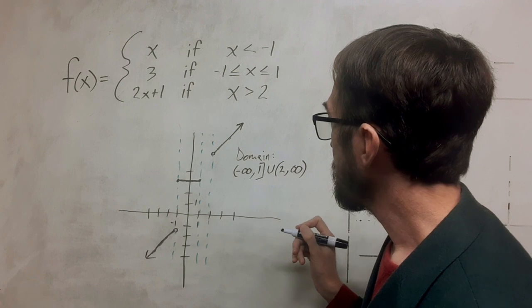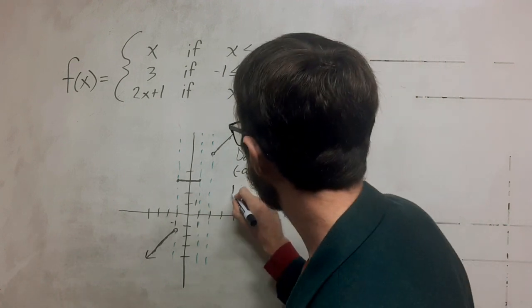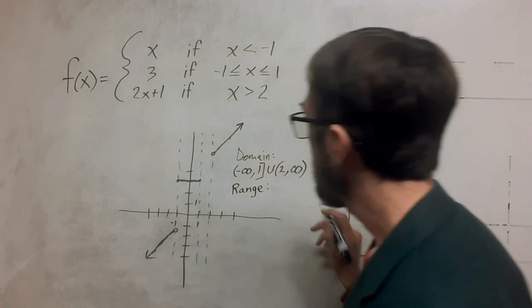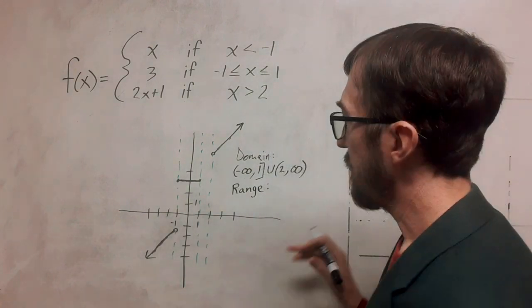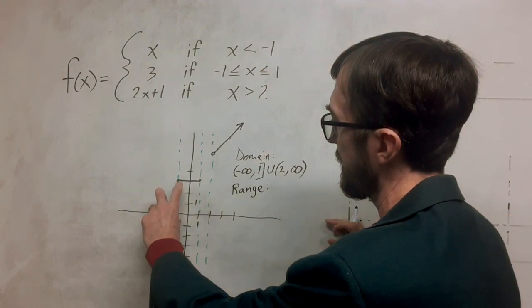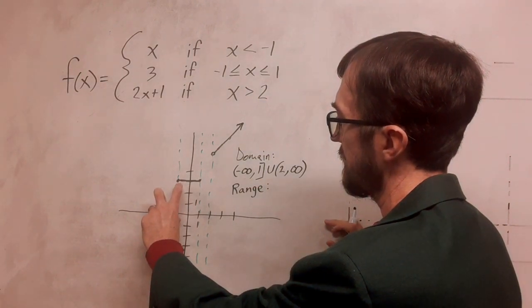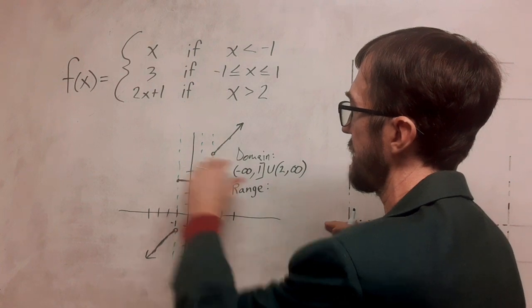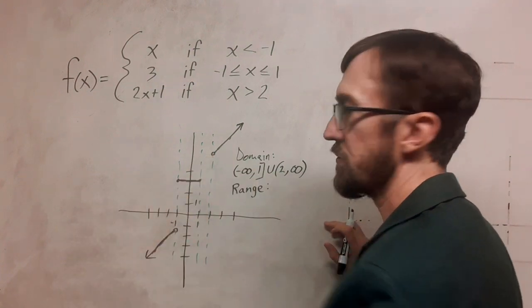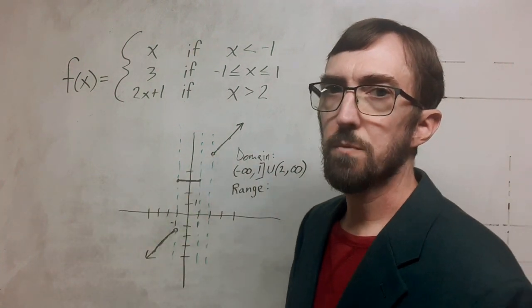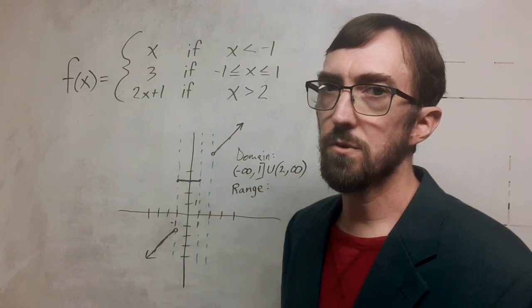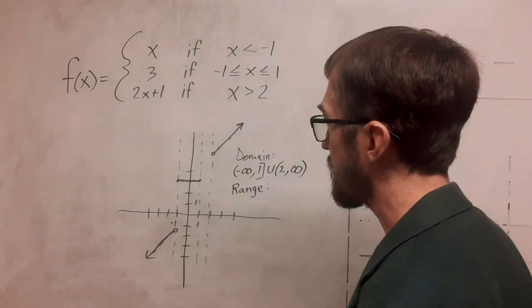And then our range has a couple of big gaps in it. There is a gap here that's not included in the range, and then there is a gap here that's not included in the range. If you would draw horizontal lines through those areas, you would not touch both the plot of the graph and the y-axis at the same time, so those are not included in the range.